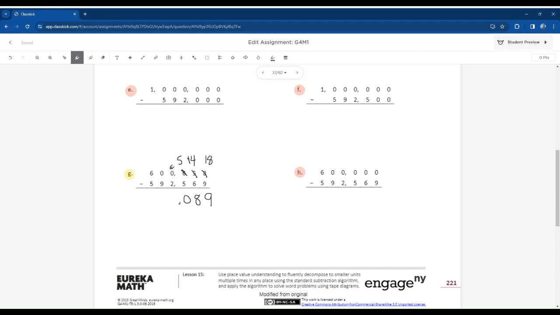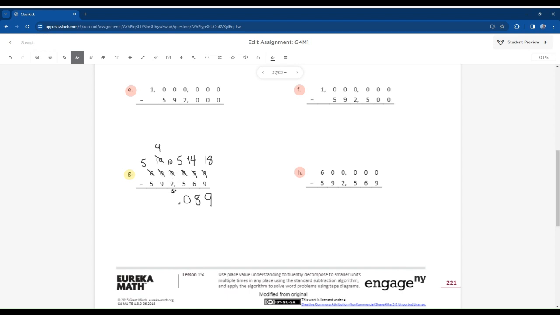And in order to subtract my thousands, I'll need to jump all the way over here to my 100,000s. So I'm going to regroup 600,000s for 500,000s. And that'll give me 10 10,000s. Still didn't solve my issue of needing thousands, but now I have some 10,000s I can take from. So I'm going to regroup 10 10,000s for 9 10,000s, and that will give me 10,000.